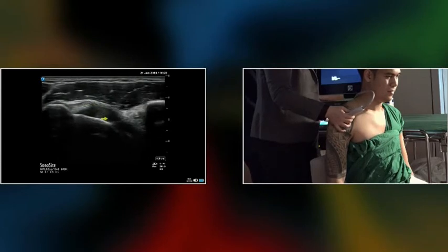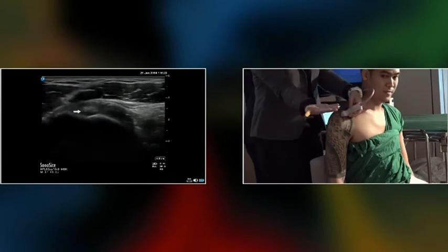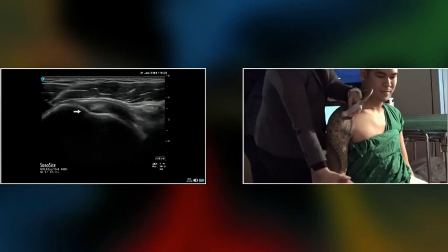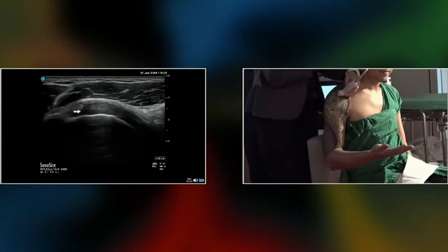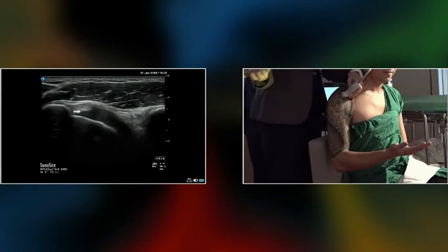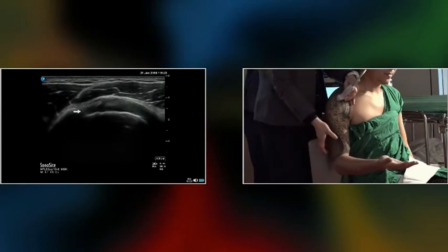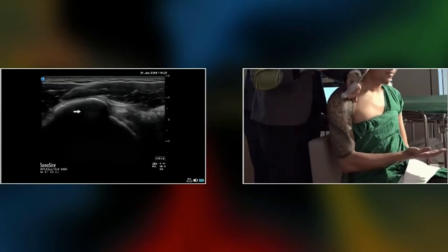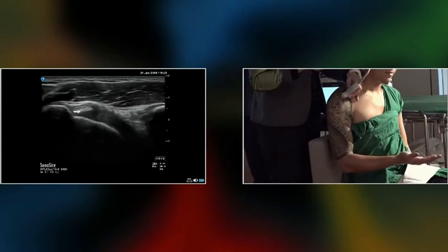At this point, if you want to see the rotator cuff interval, you can ask him to do like a beggar position, okay? And then move in, adduct, and then out, okay? So you can ask him to move like this, and then you can see any entrapment and anything abnormal kicking along the fascia.